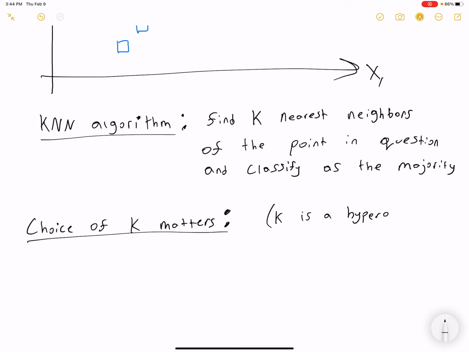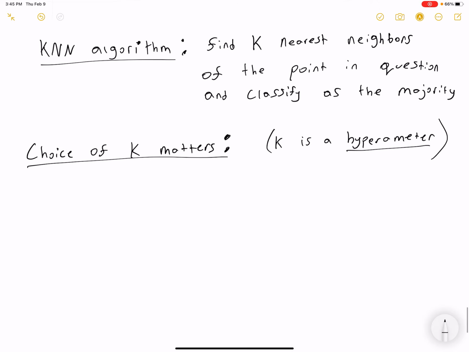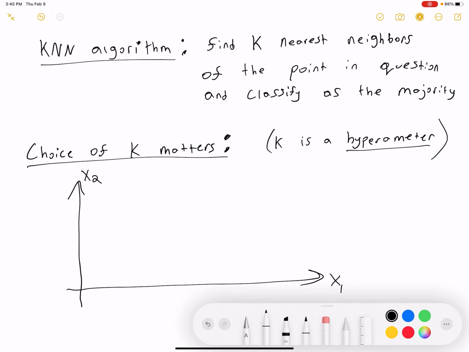So we're learning a bunch of hyperparameters as we go. Here's an example of how the choice of K could affect the outcome, drawing a slightly different data set.